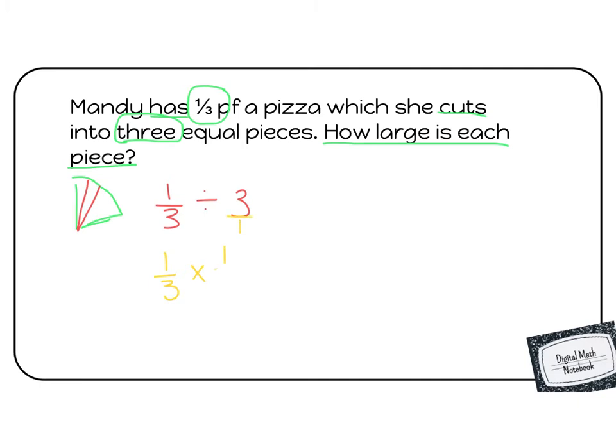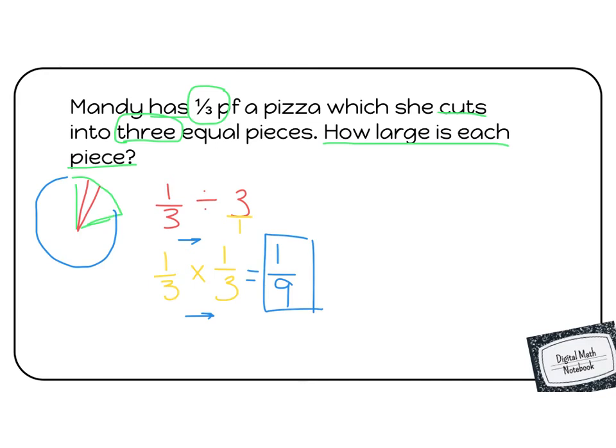So that 1 is going to move to the top and the 3 is going to move to the bottom. And now I'm going to multiply straight across the top and straight across the bottom. So I have 1, 3 times 3 is 9, 1/9 piece sizes, because if I drew my whole circle, there would now be 9 pieces that are smaller.